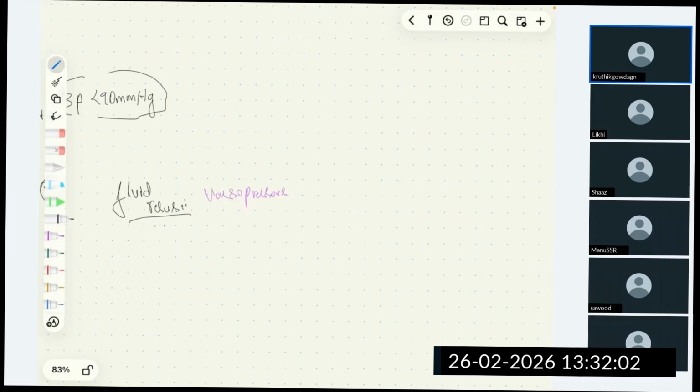He requires vasopressors to maintain mean arterial pressure more than 65 mmHg, and serum lactate level will be more than 2 millimoles per liter. That is the other point.